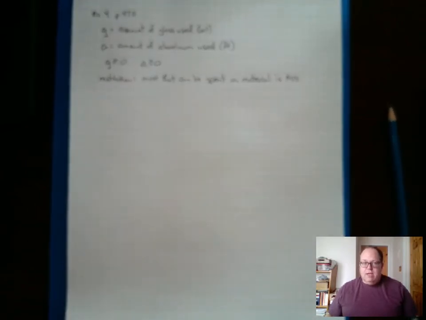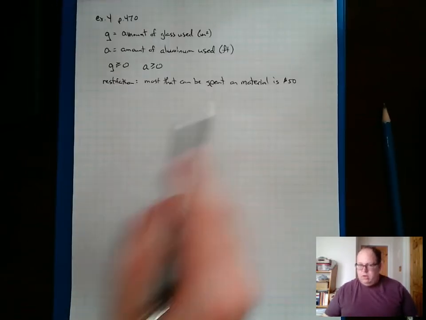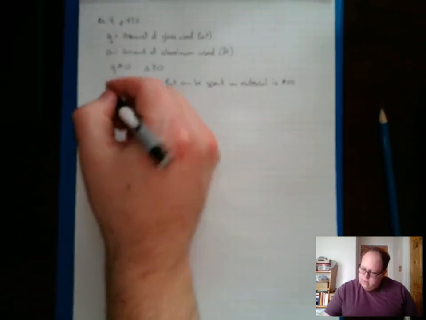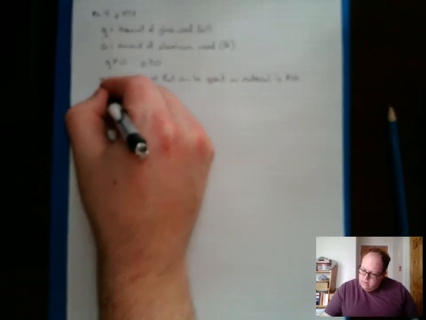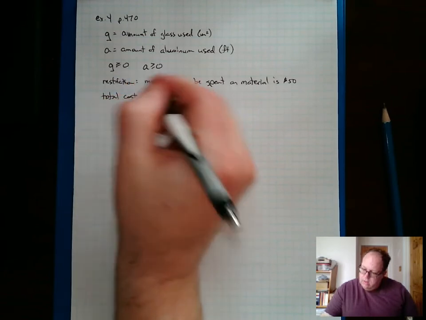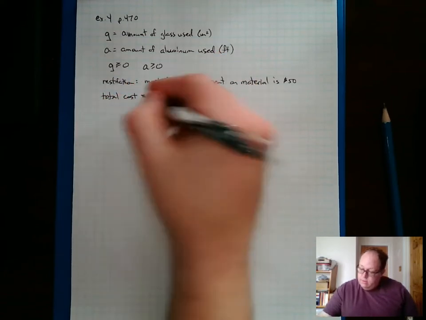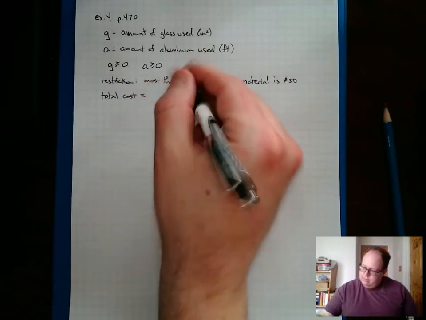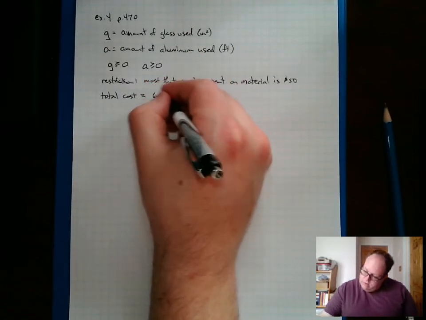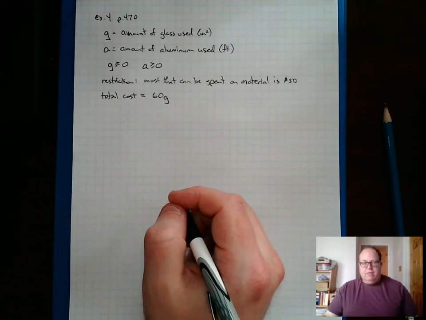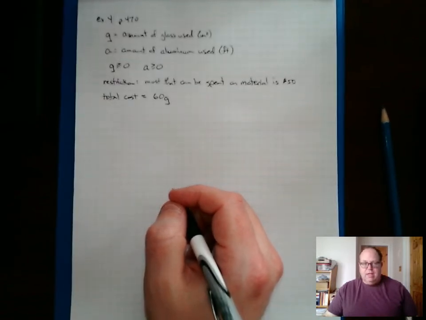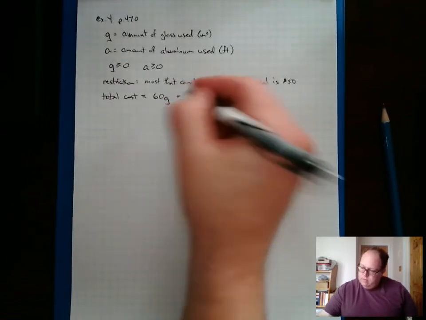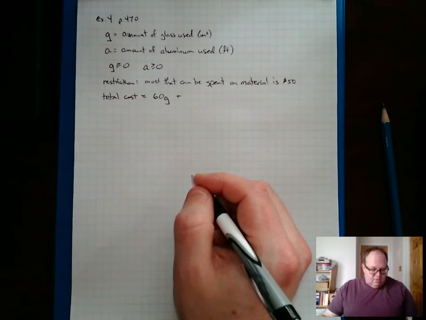So that means I'm going to need to make some statement about total cost. I know that glass is $60 a square meter, so for every square meter, I'm going to multiply that by 60 to figure out how much I'm spending on glass. And aluminum is $1.75 a foot.